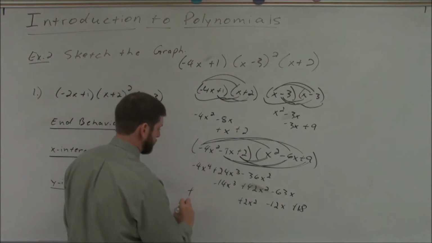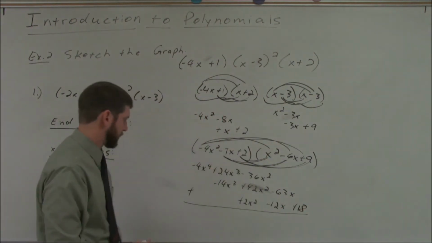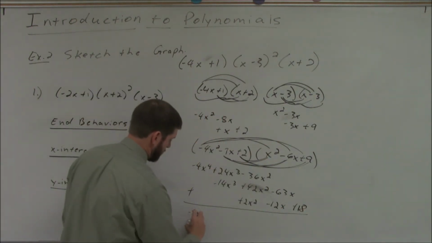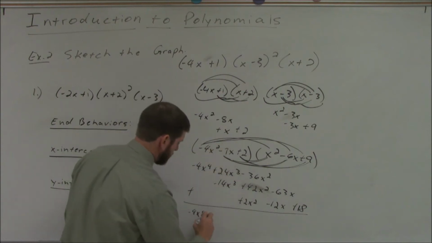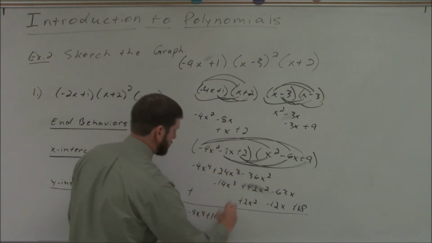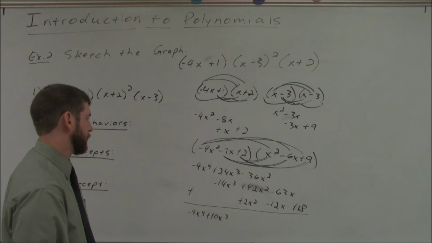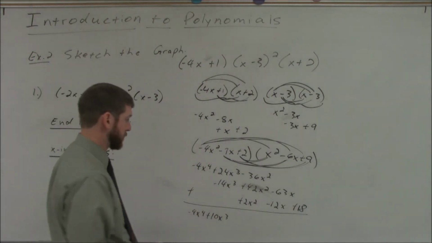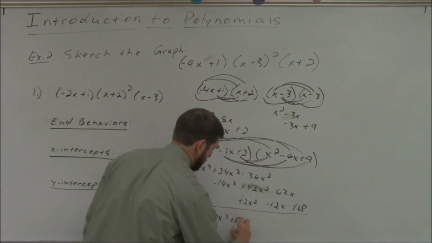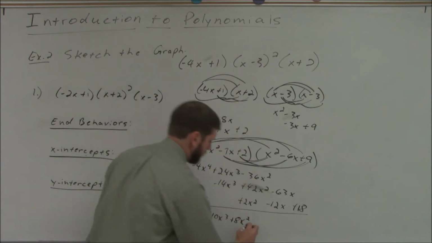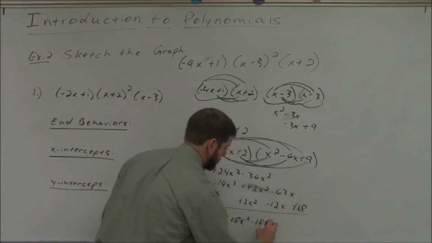Okay. Now, assuming all my arithmetic is correct there, I get negative 4x to the 4th. I get plus 10x cubed. I get 4436 is 8, hopefully. 8x squared minus 18x plus 18.